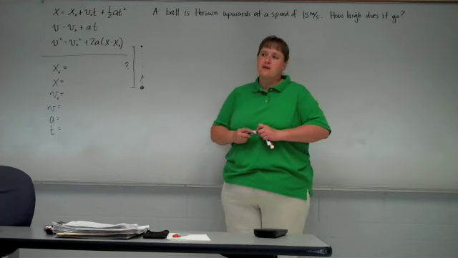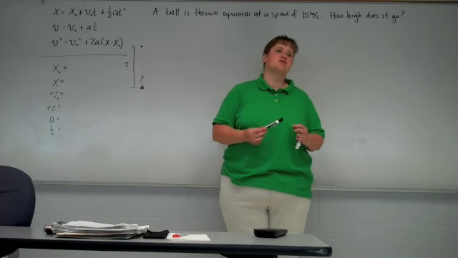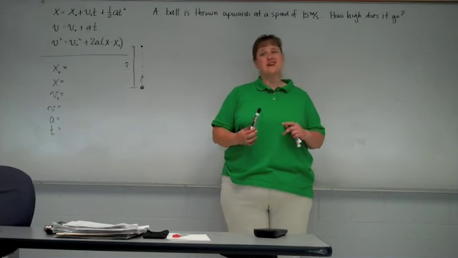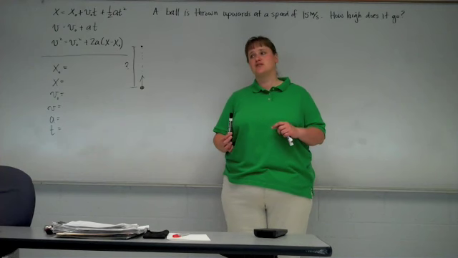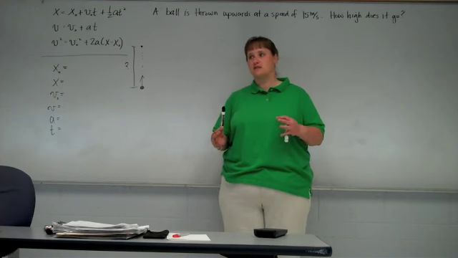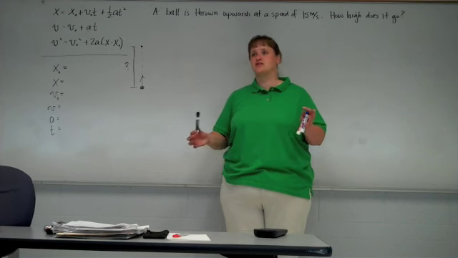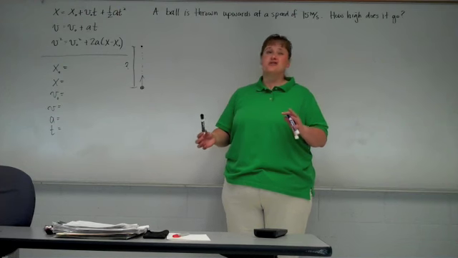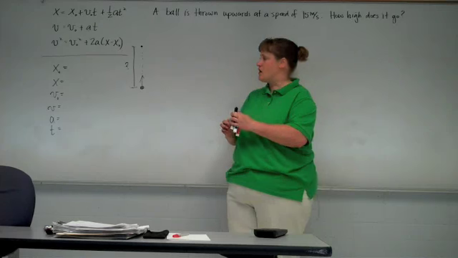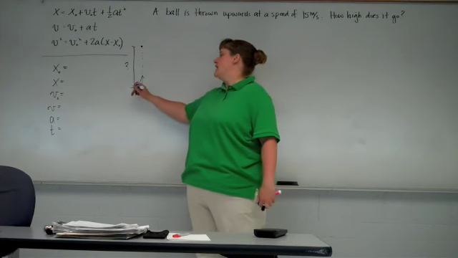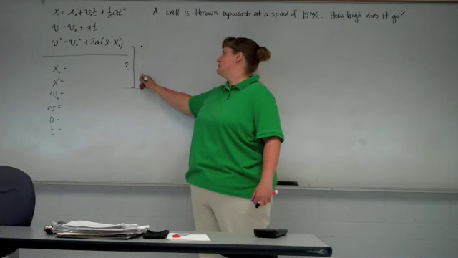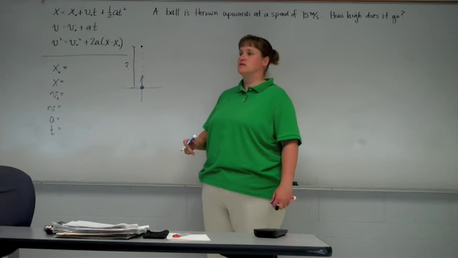In every problem that we do with motion, we need to choose an origin. Turns out it doesn't matter where you put the origin as long as you keep it there for the whole problem. Once you choose your origin, that's your origin. You can choose it wherever you want to be, though. So I want to go ahead and say my origin is right here.